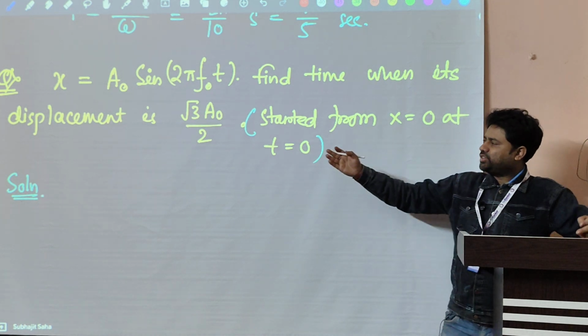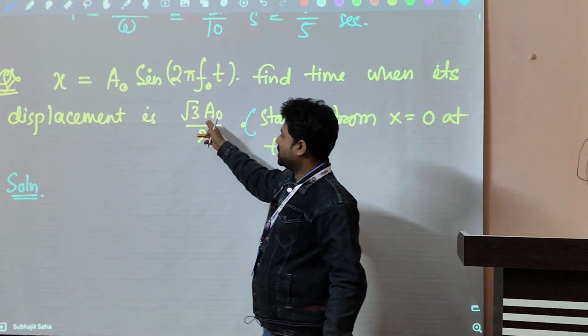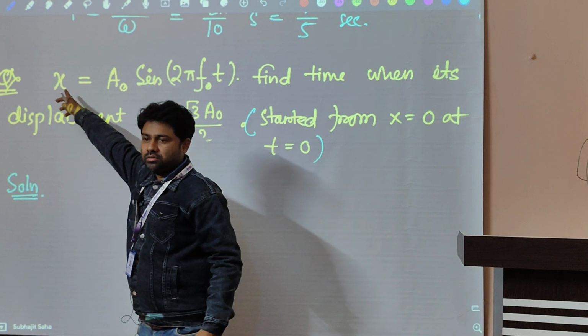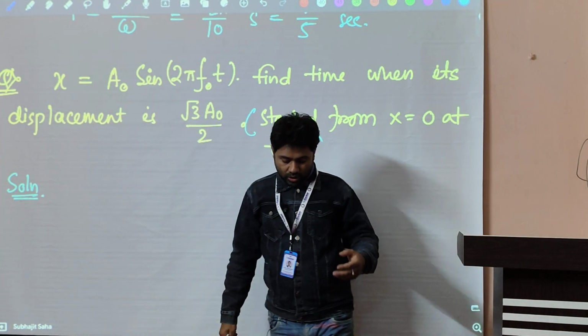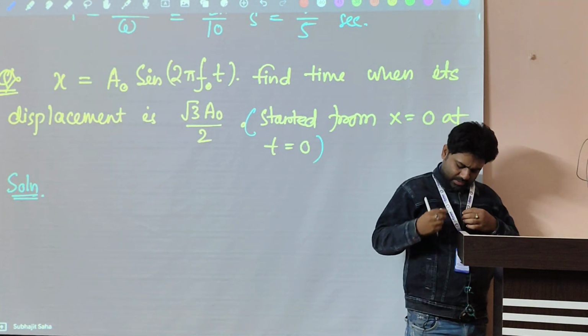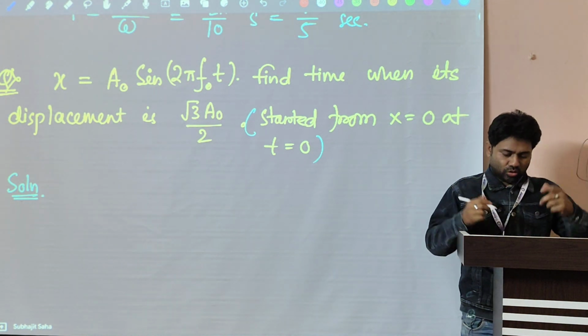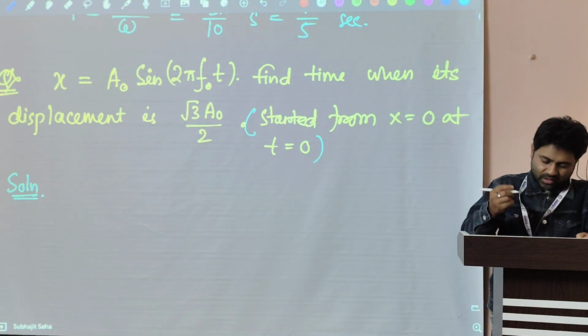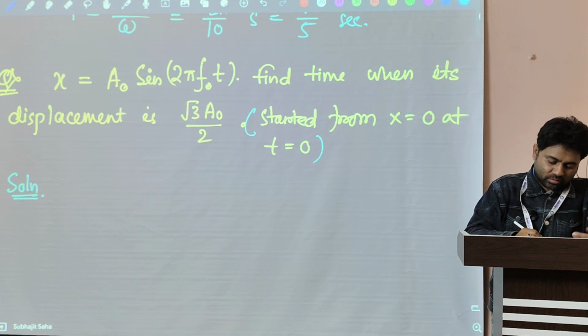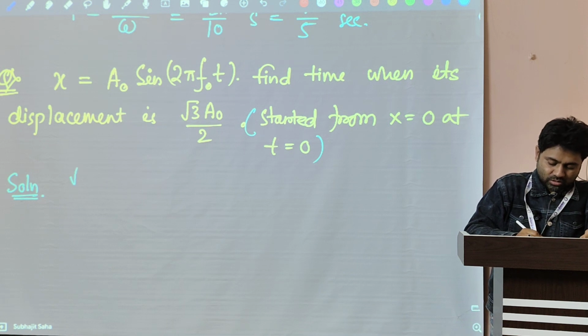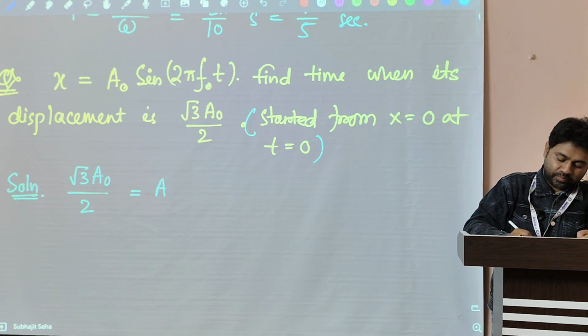So simply what we do, we just put the value of displacement there. Already we did a few like this, and we have only one technique. We won't go anywhere else. Root 3 A0 by 2, the displacement is A naught sine 2 pi f0 t.